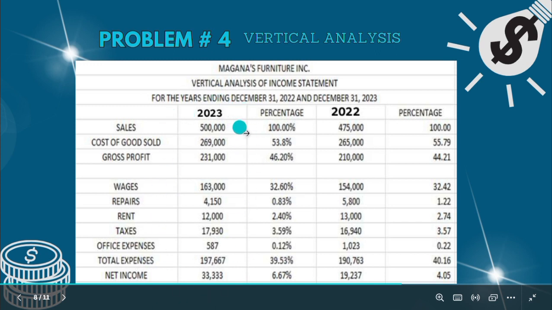So, meron silang sales ng 2023 na 500,000, cost of goods sold na 269,000, gross profit na 231,000, wages na 163,000, repairs na 4,150, rent na 12,000, 17,930 na taxes, 587 pesos na office expenses, 197,667 pesos na total expenses, and 33,333 pesos na net income sa 2023.